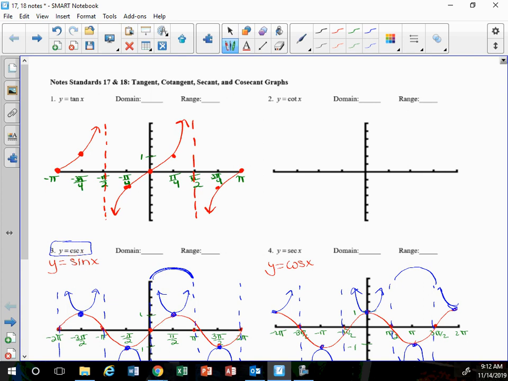Now, why do you think I only went out to pi on the x-axis? Why didn't I go all the way to 2 pi? What do you think? It would have been repeated, right? Yeah, okay. That's because for tangent and for cotangent, the period is only pi over b instead of 2 pi over b.